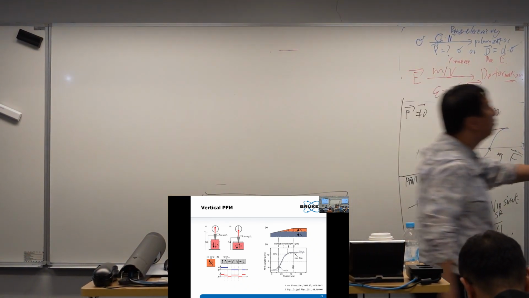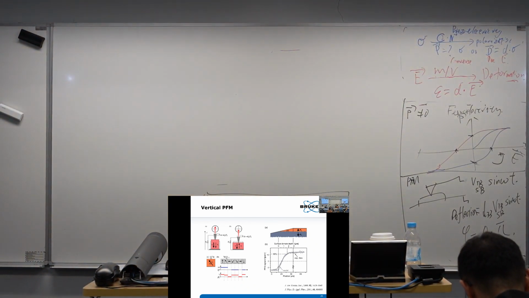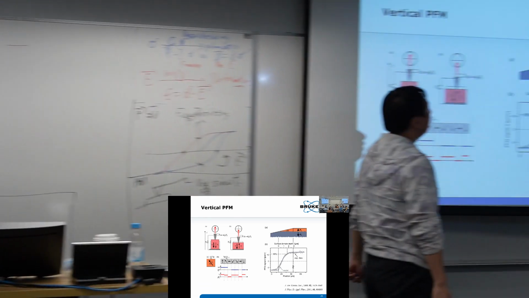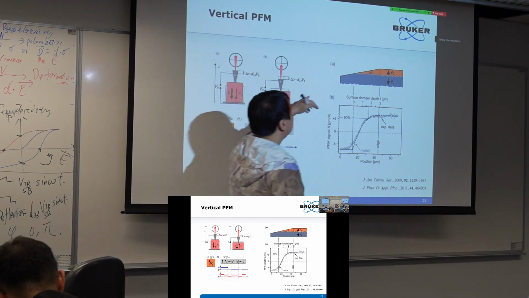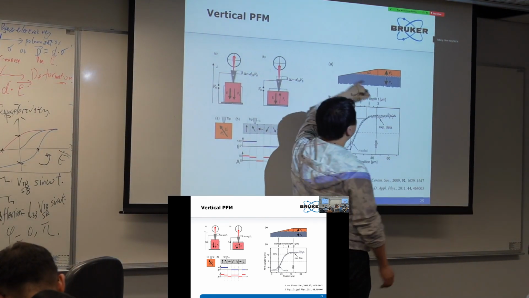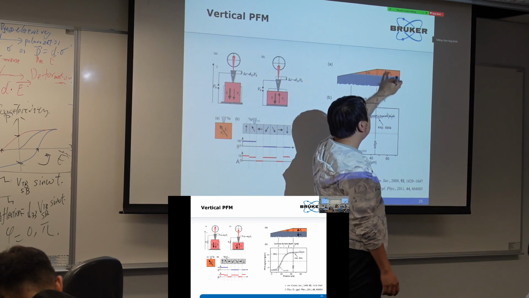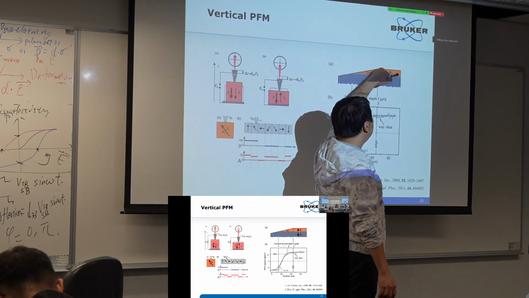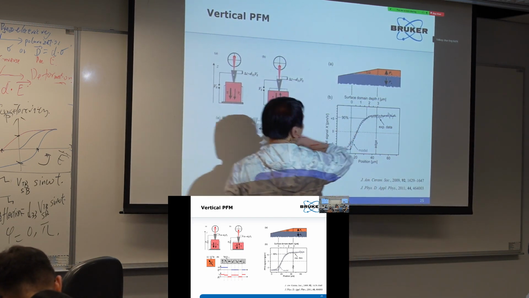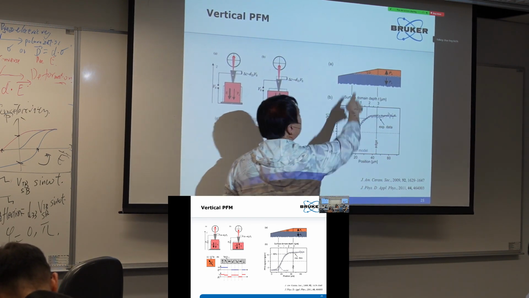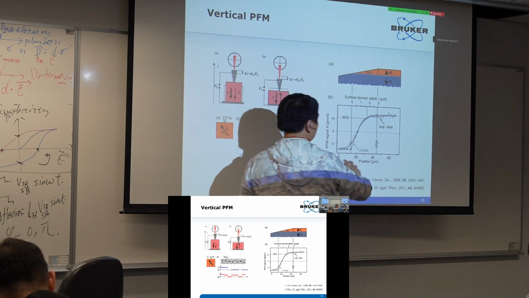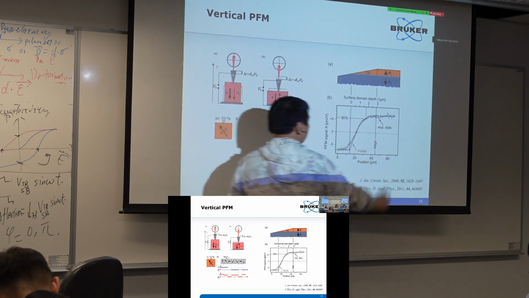For example, in this paper, they study the cross-section of this sample, and the top layer is facing up, the bottom layer is facing down. Across this section, we can tell the amplitude is changing, but the phase has only two values.